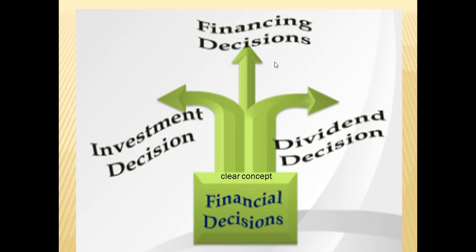Now, let's move to the third type of decision, that is dividend decision. Dividend decisions relate to the appropriation of profit. Dividend is that proportion of the profit which is distributed to the shareholders, and retained earnings constitute the source of internal financing. Dividend decisions relate to what part of profit should be retained in the organization and what part should be declared as a dividend.